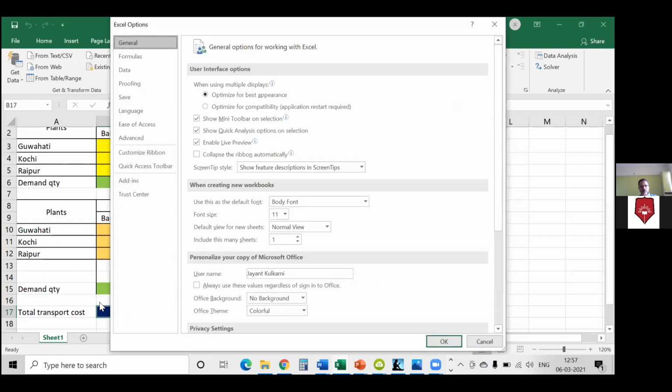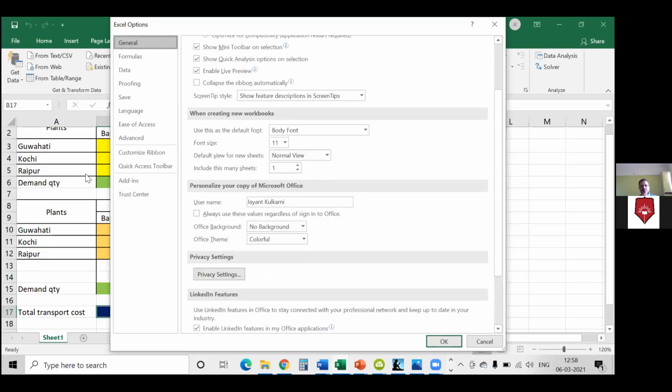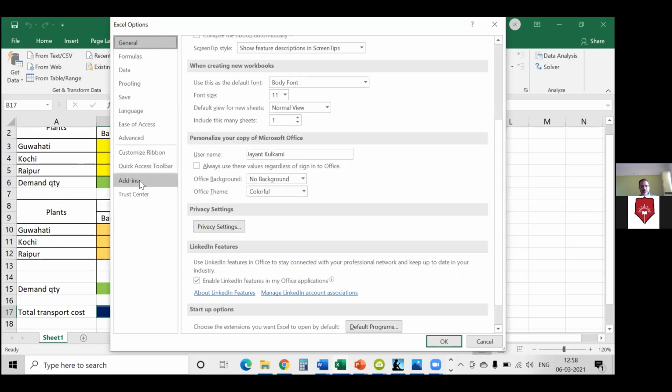Shivam, if you don't find solver in 2007, then try these steps. Okay. In 2007 also, the solver add-on is there. You need to find it. Okay. So under file, under options, go to add-ins. Yeah, go to add-ins.